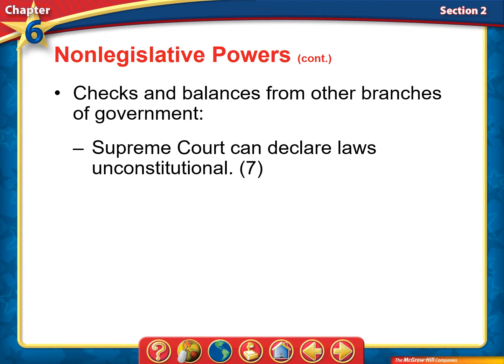And the Supreme Court might decide that something they are trying to do is unconstitutional. And this is a big one. Guess what? The president can also veto a law.